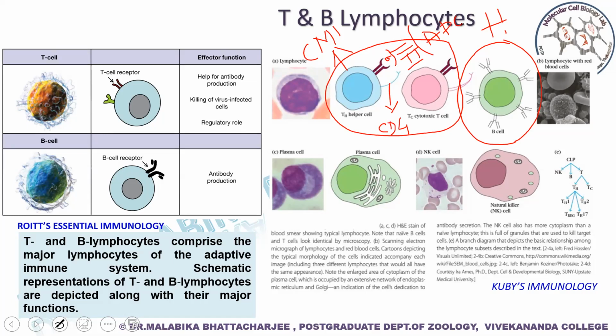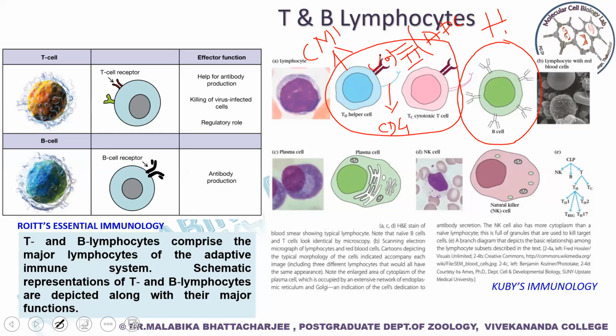So antigen presenting cells often engulf foreign molecules or pathogens. They process the pathogen and finally they present the pathogen via the MHC class 2 molecules or the receptors. It is this foreign particle complexed with MHC class 2 molecule that is recognized by the T cell receptor, and the CD4 molecule recognizes the MHC class 2.